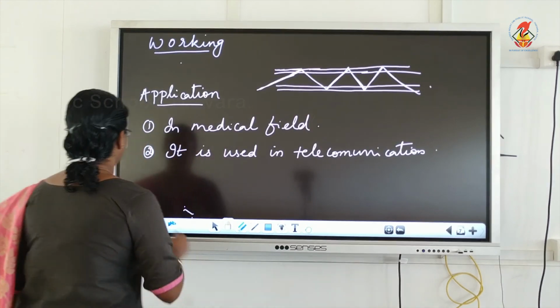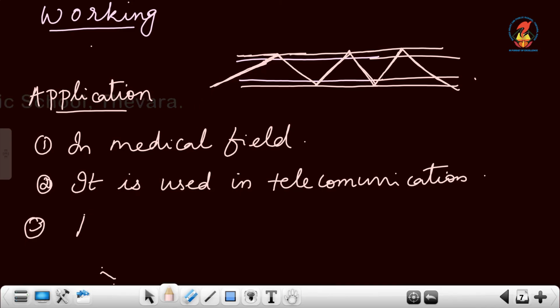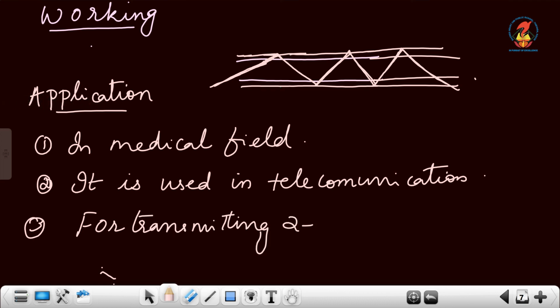It is also used for transmitting two-dimensional pictures.